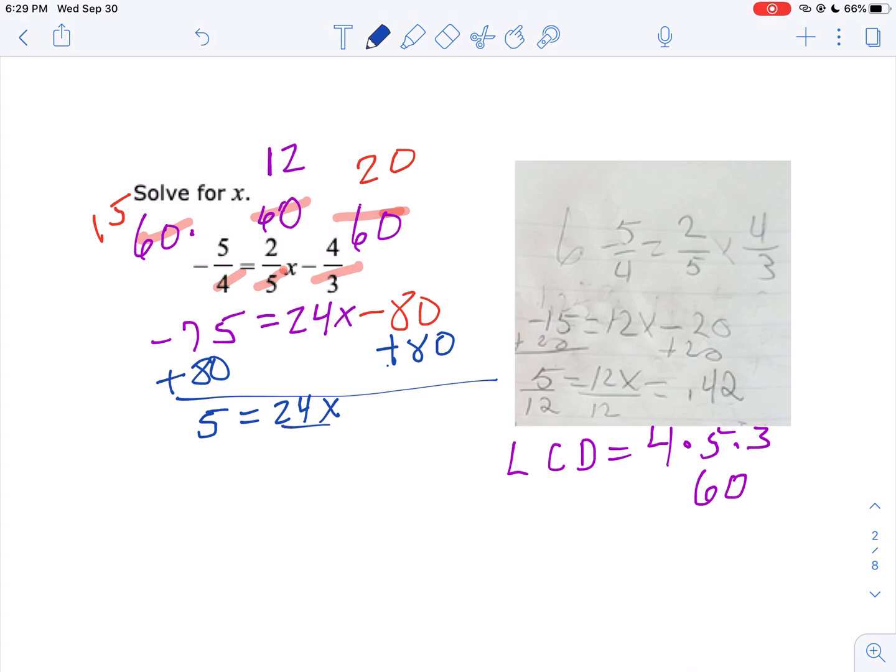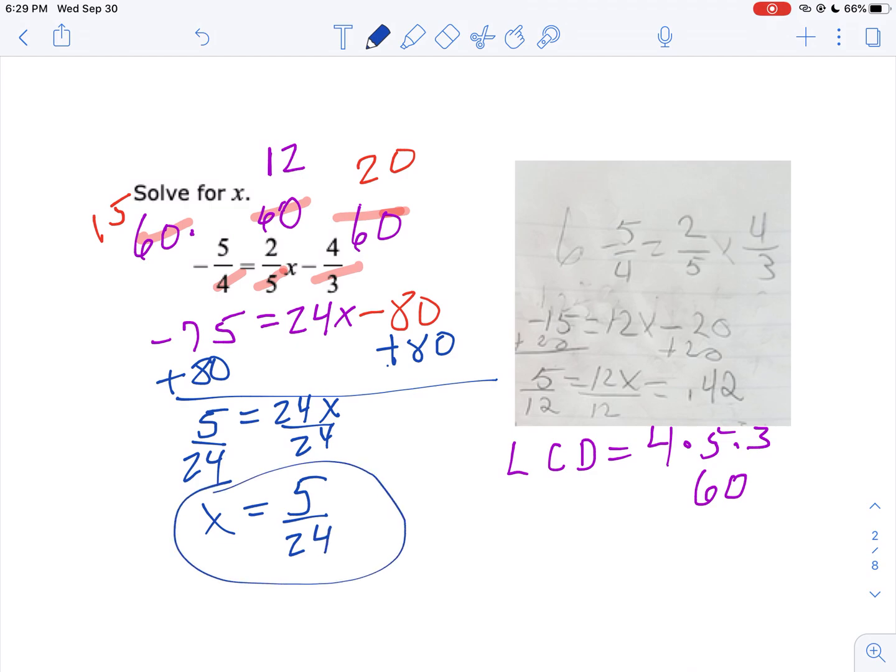Well, to get x by itself, we divide both sides by 24. x equals 5 over 24. And there's your answer.